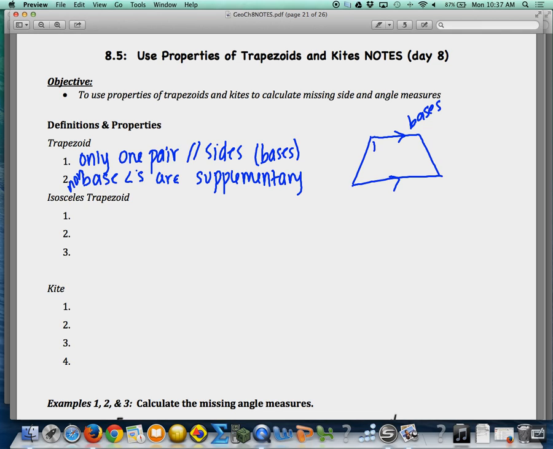So if we label them 1, 2, 3, 4, what is the base angle with 1? Which angle is on the same base? 2. So what is the non-base angle with 1? 4. Okay, 4 or 3. So in this case, you're going to say angle 1 plus angle 4 equals 180. They're supplementary. Likewise, angle 2 add angle 3. They're supplementary. So they're going to add to be 180.